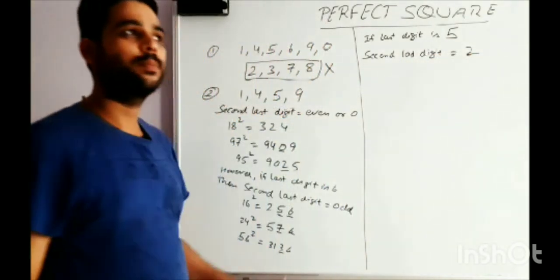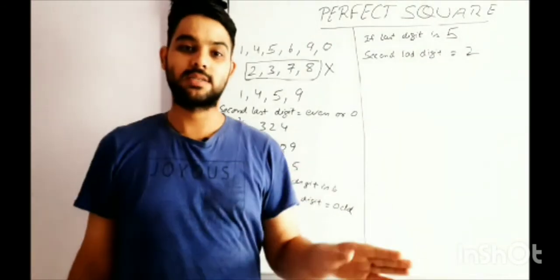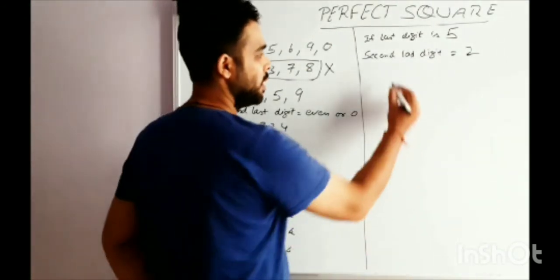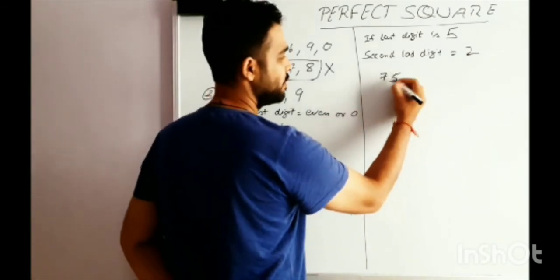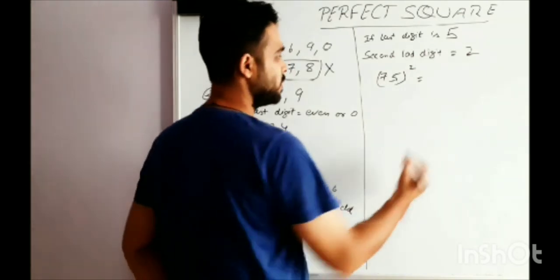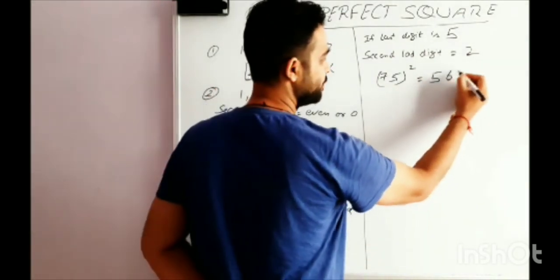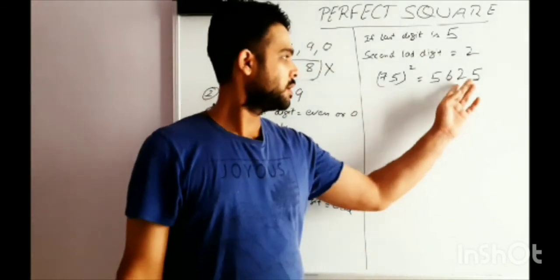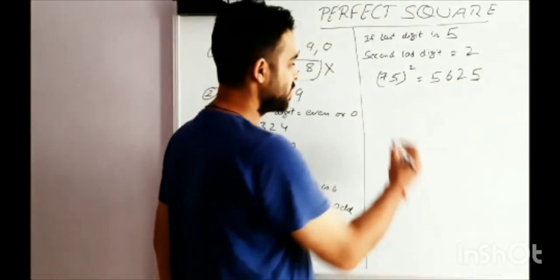This means if you have 5 in the last, then the second last digit will always be 2. For example, I'll take the square of 75. 75 square is what? 5, 6, 2, 5. So you have 5 and the second last digit is 2. You take the square of 95.